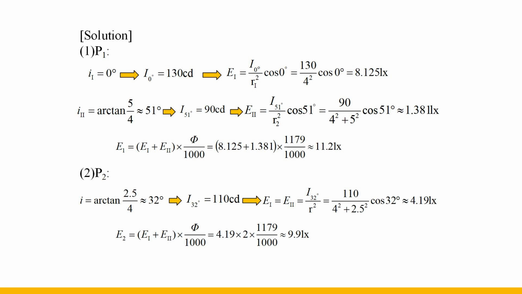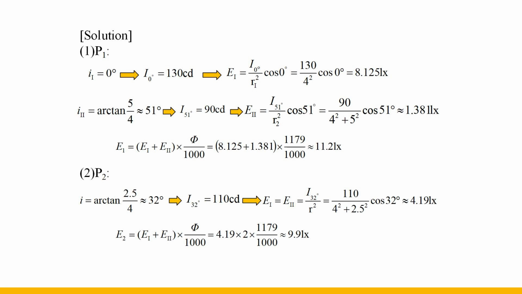The luminous flux of a 100-watt incandescent lamp is found to be 1139 lumens, and the illuminance at point P1 is equal to 11.2 lux. Use the same method to find the illuminance of point P2, since point P2 is located in the middle of the two lamps.